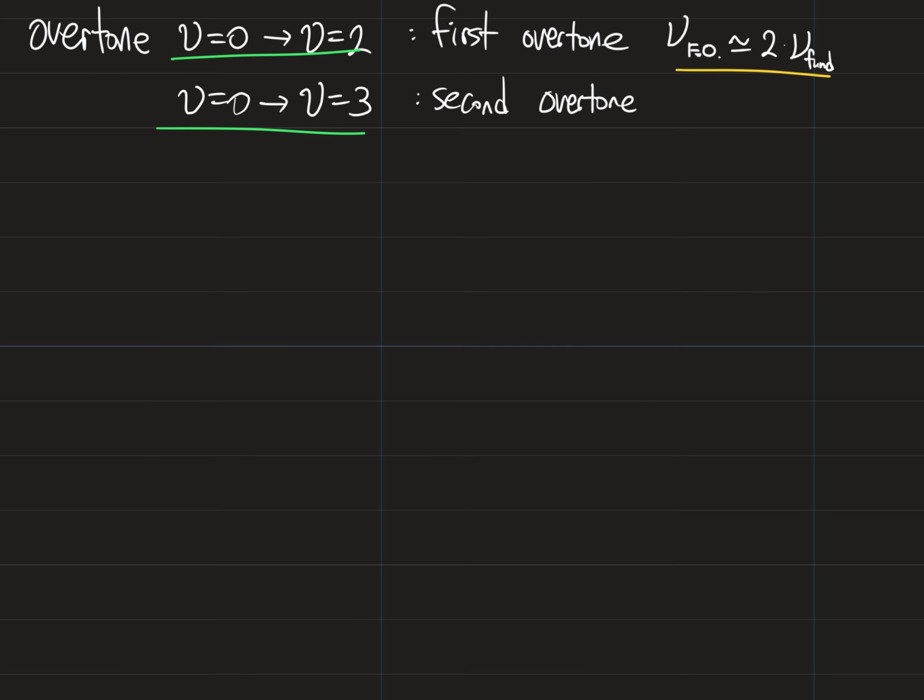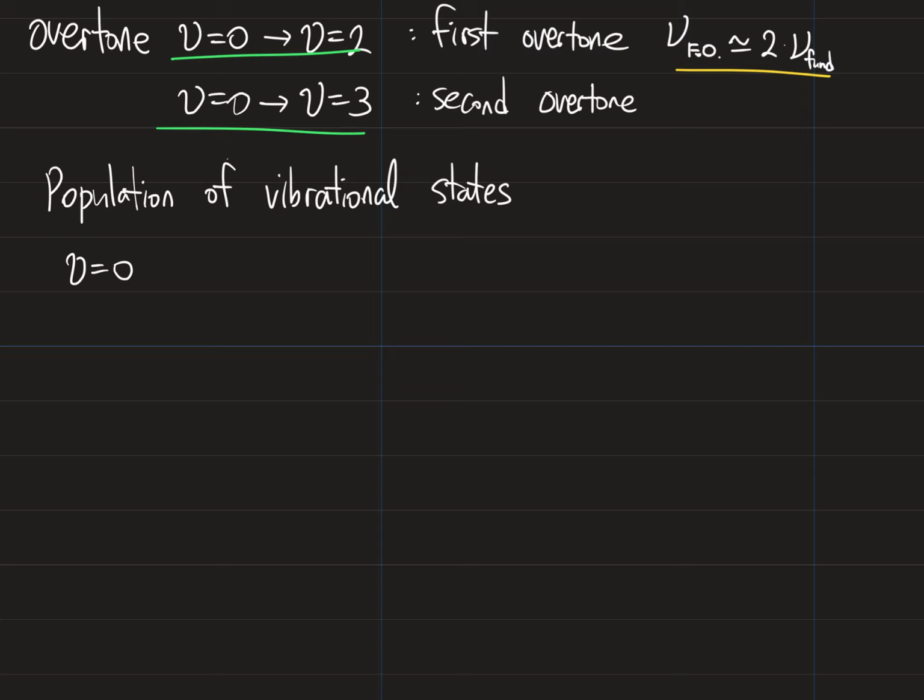And let's discuss the population of vibrational states. You might wonder why all these transitions, fundamental or overtones, originate from the v equals 0 ground state.